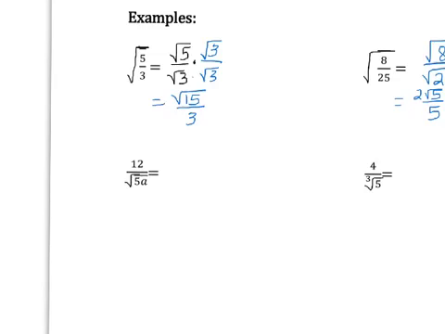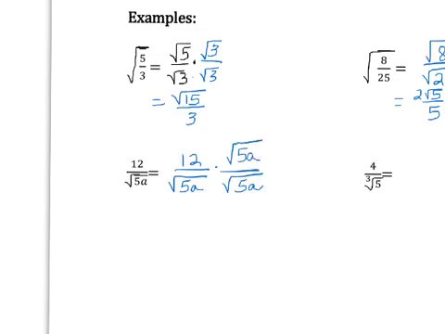Okay, so let's look at rationalizing when we have variables. So I've got 12 over the square root of 5a. And so same idea. In order to take something up from under a radical, you've got to have 2 of them and only have 1. So I'm going to multiply by the square root of 5a on the top and the bottom.